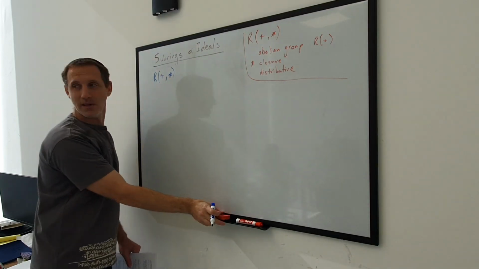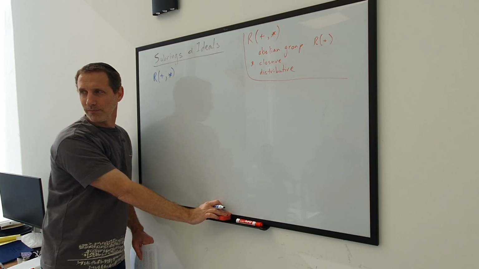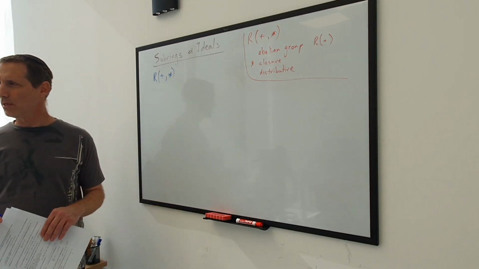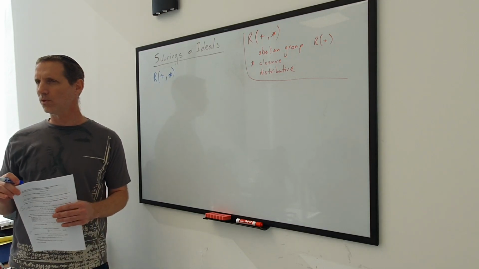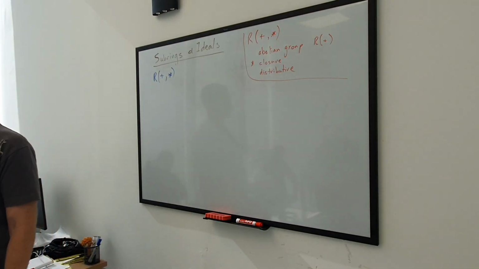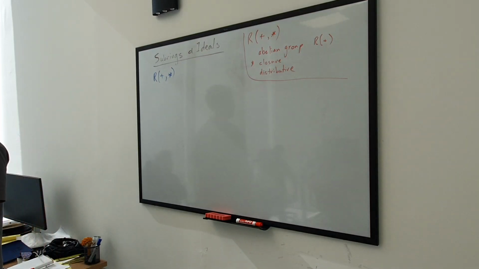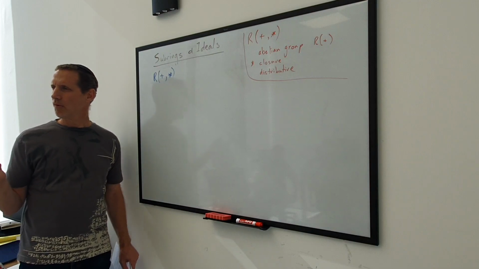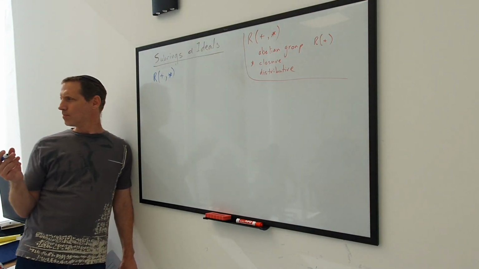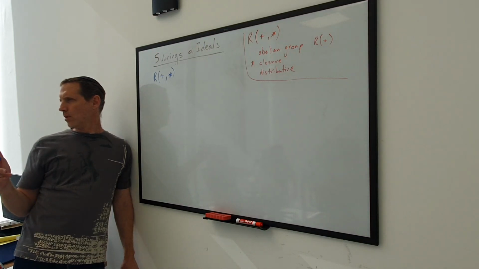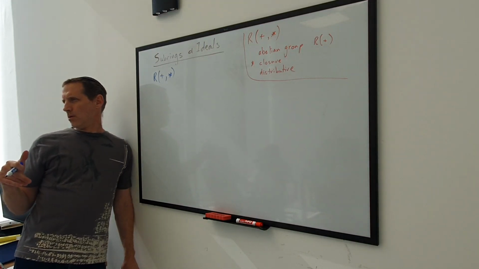Is just one also an ideal? So one on its own cannot be an ideal. If one exists in the ring, then you need one and zero at least, because the ideal needs to be an abelian subgroup, right? One is not a group. When you multiply one by something, you get the something.